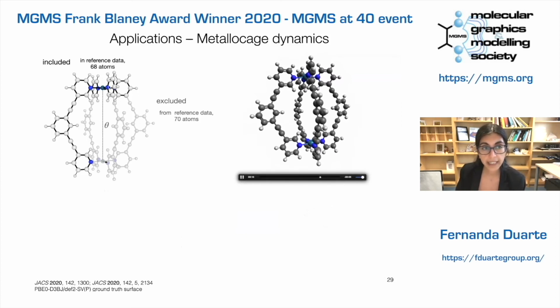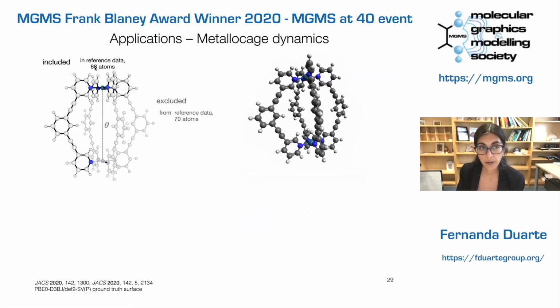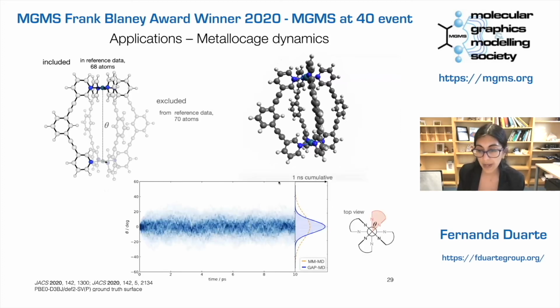Using symmetry, rather than 140 atoms, we have only 68 atoms to use for training. So that was sufficient to have a stable model where we can look at the flexibility of the system and compare that to classical force field. So we knew that the classical force field was much more floppy than the one that we expected.